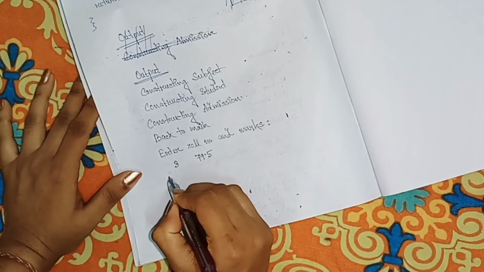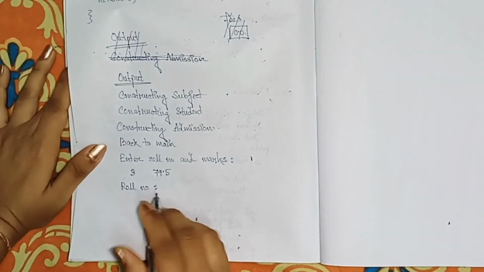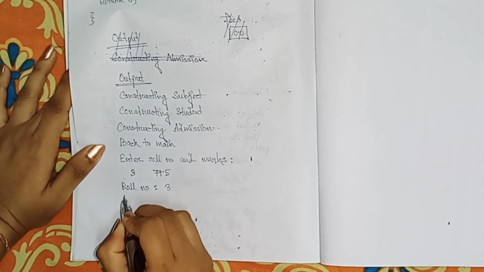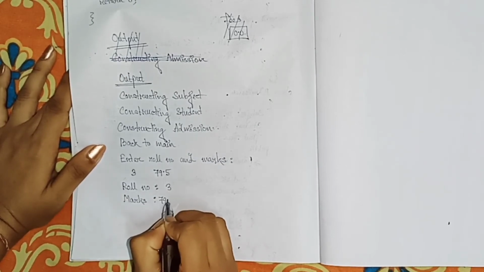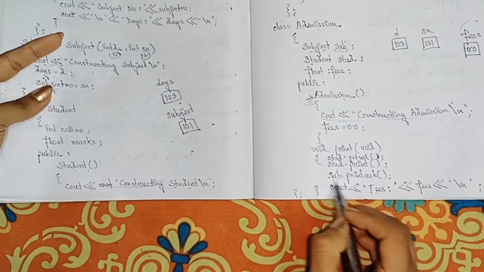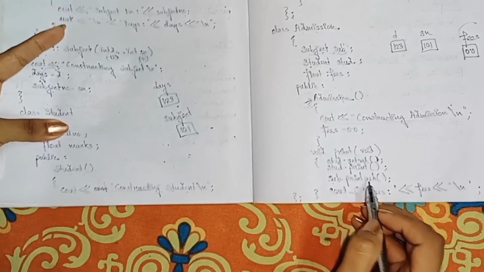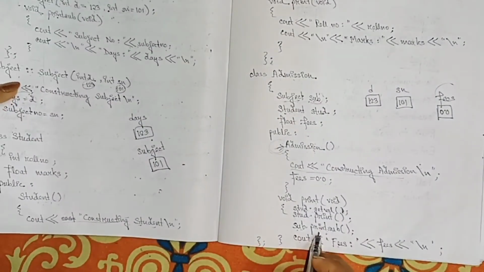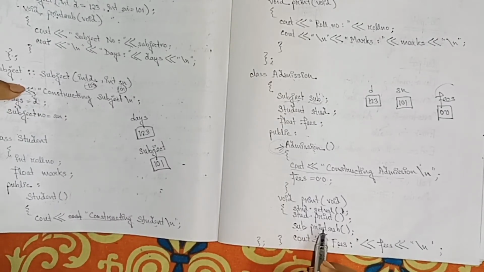So this will be displayed: roll number 3, and marks 79.5. Okay. Now again it will come here and it is finding sub.print sub. So it will invoke the class subject's member function print sub.